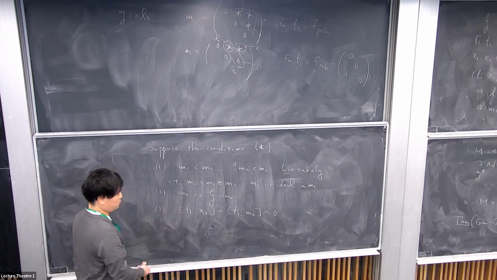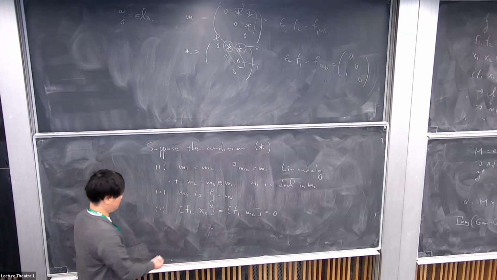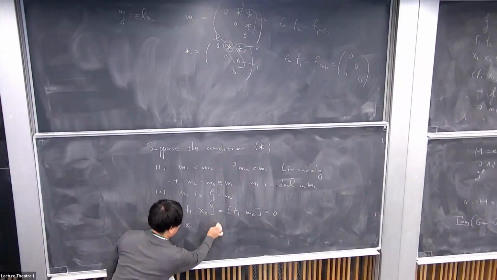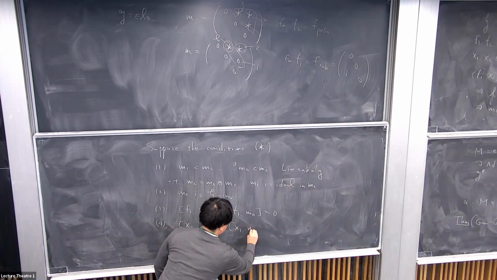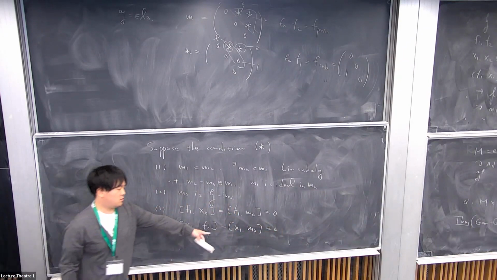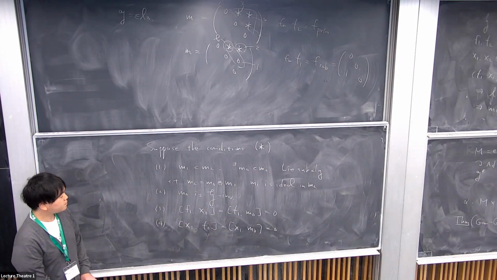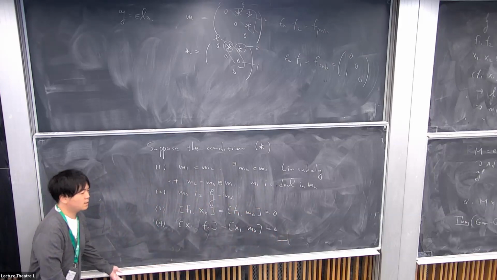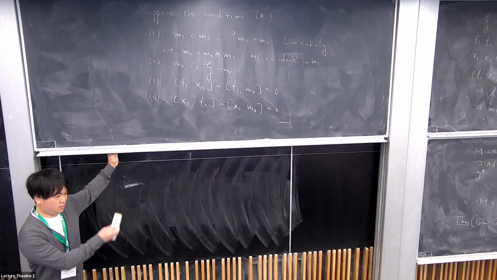This means M0 is contained in the centralizer of F1. The last condition is like this. This means the last part says M0 is contained in the G0 part for X1. But anyway, we assume this condition. Of course, you don't need to remember this statement because I will explain examples satisfying this condition.